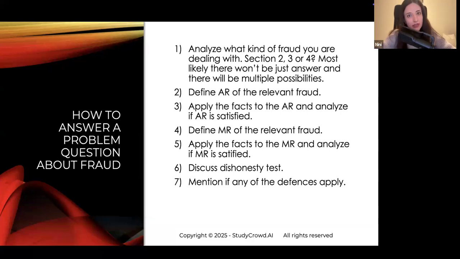Then define what is mens rea. Every crime has an actus reus and mens rea, except strict liability offenses that do not have mens rea. So after defining what is mens rea, then you need to apply the facts to mens rea and analyze if mens rea is satisfied. Finally, for fraud, you need to also discuss the dishonesty test, which is part of mens rea, and mention if any of the defenses apply.